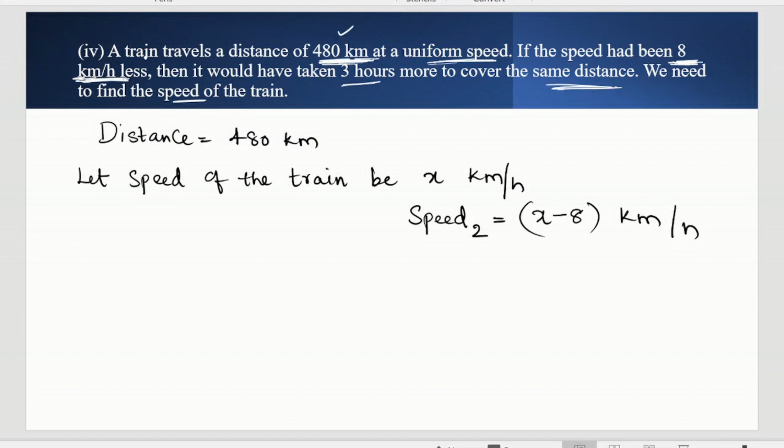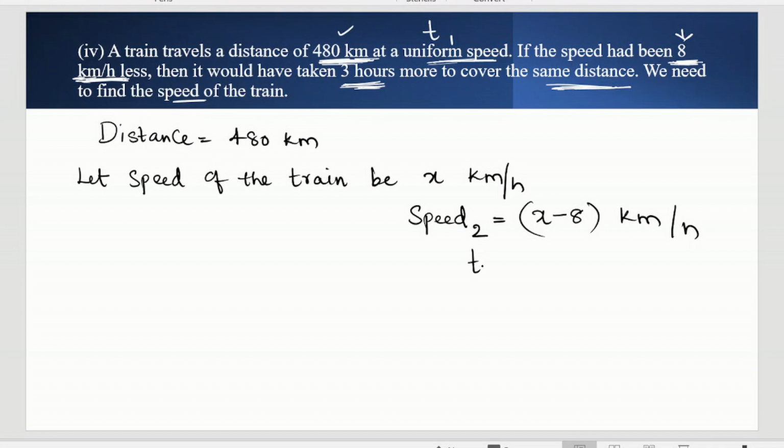So see here, the time taken by the train in the first scenario, if you take it as T1. When you reduce the speed of the train by 8 kilometers per hour, in the second scenario it would take 3 hours more to cover the same distance.